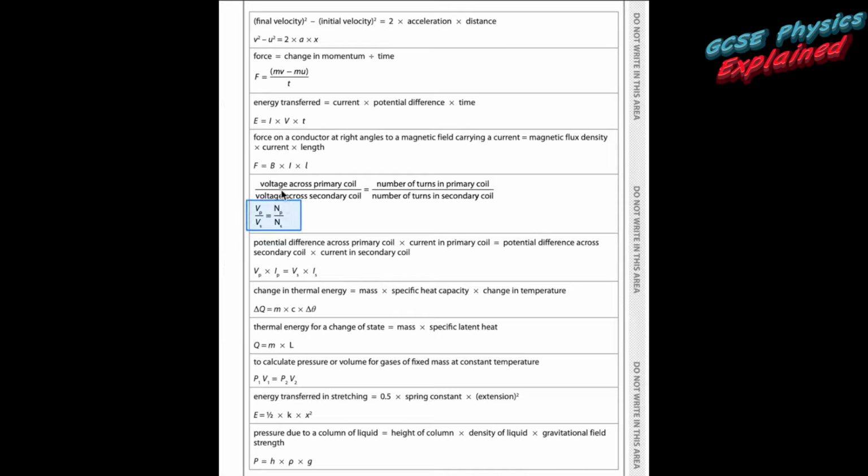The voltage across the primary coil divided by the voltage across the secondary coil equals the number of turns on the primary coil divided by the number of turns on the secondary coil. So VP divided by VS is going to equal NP divided by NS. Now we're looking for the number of turns on the secondary coil.